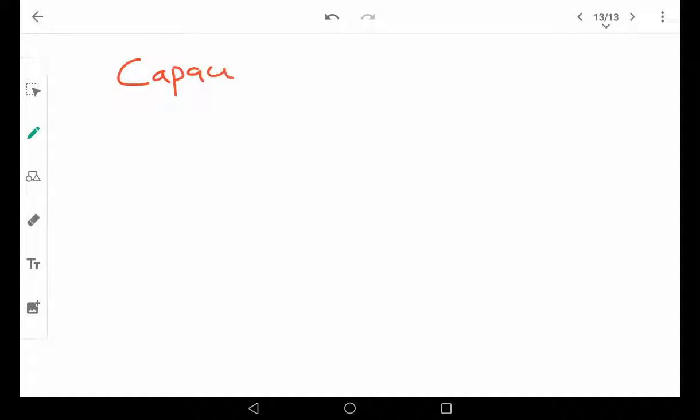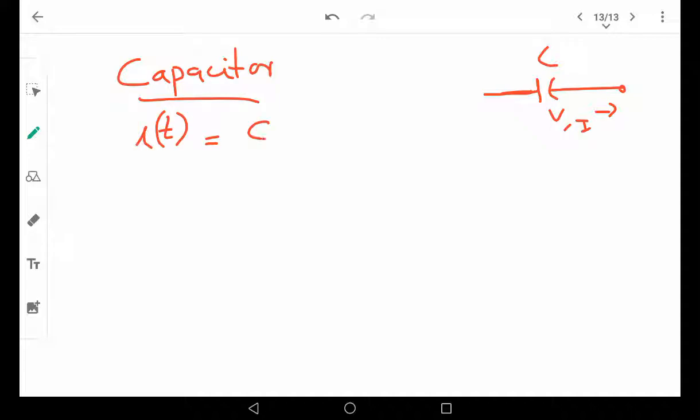Similarly, for a capacitance also you can think of a relation. Suppose you have a capacitance with a voltage across it and a current through it. The value of the capacitance is C, and the relation between the voltage and current of a capacitance is given by It equal to C dVt by dt, right?